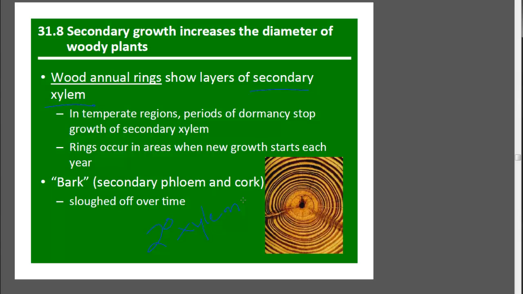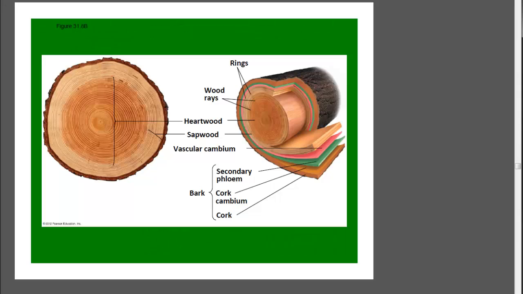Now, we also have secondary phloem, but it has a different purpose. The secondary phloem's purpose is actually to produce bark or cork on the outside of our tree to protect it in the environment. So when we see this, we have this kind of center part that builds up, and this is where we have our secondary xylem.